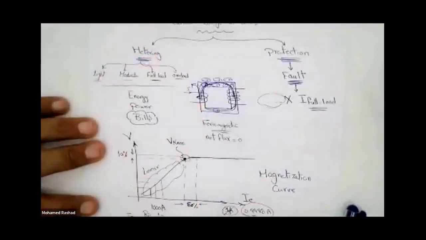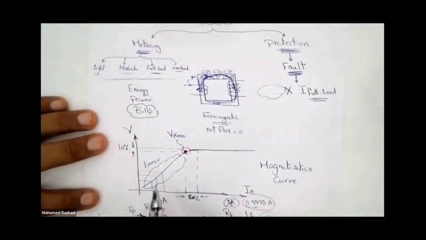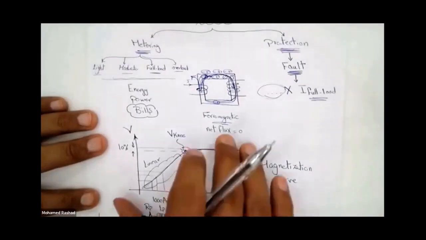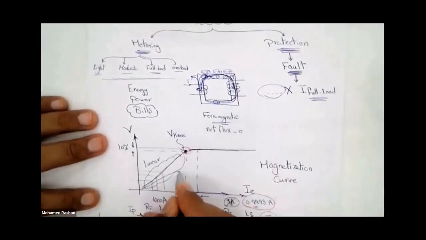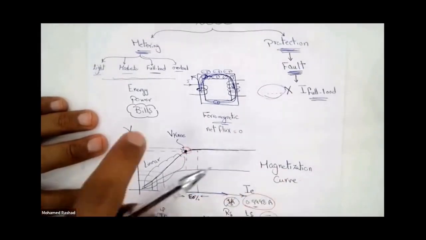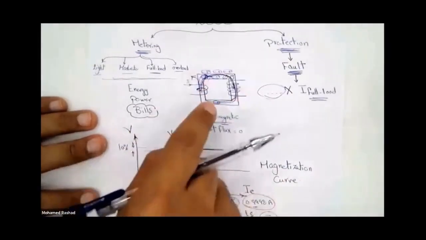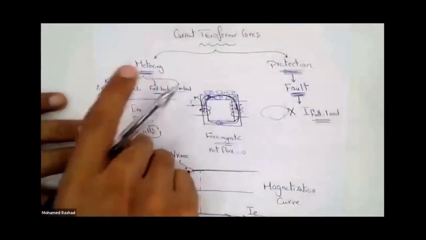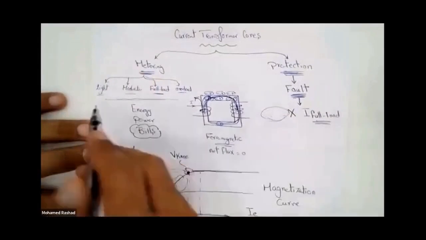That's the idea here. In the metering core, I want the saturation point to appear early. What does it mean to want it to appear early? It means I want my saturation curve to be a low curve, something like this. Why? Because I want my core to have a load connected to it, and this load is a meter device, which is not concerned with reading high currents.